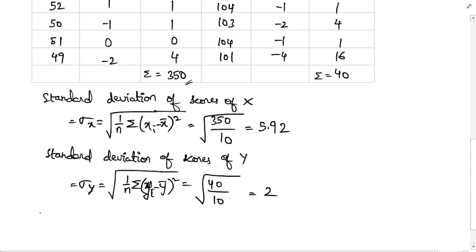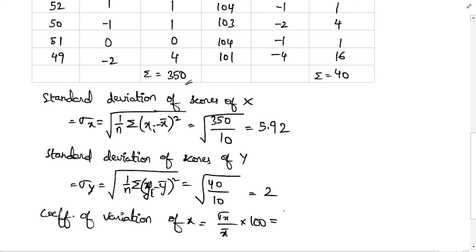Okay, so now the coefficient of variation of x. Okay, that is equal to sigma x by x bar into 100, which is equal to 5.92 divided by 51 into 100, which is equal to 11.61.